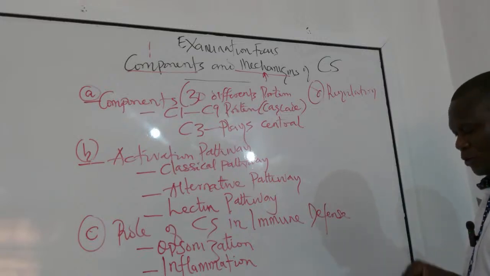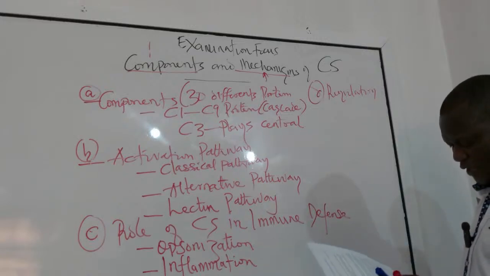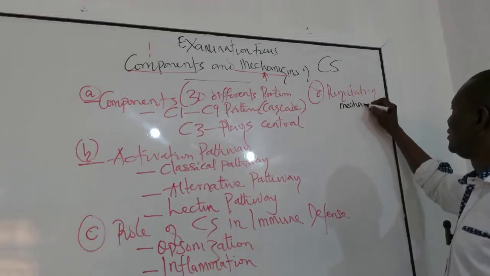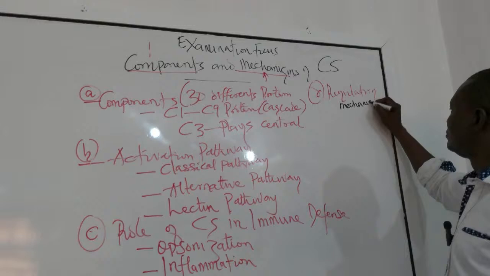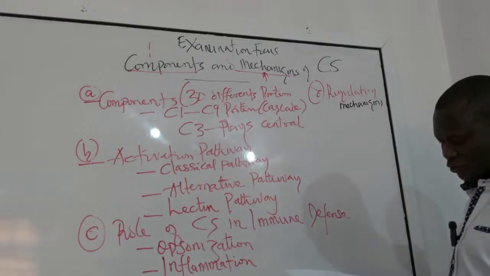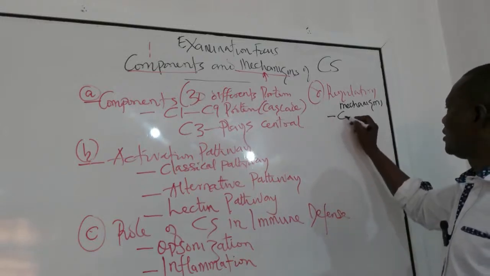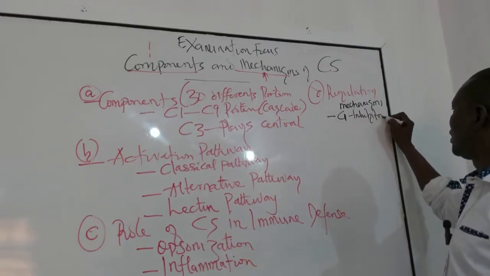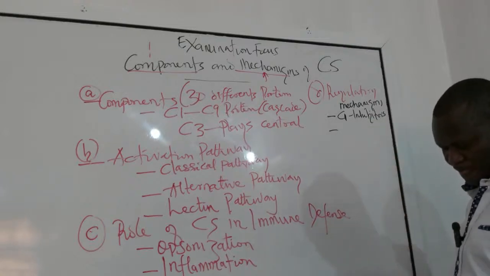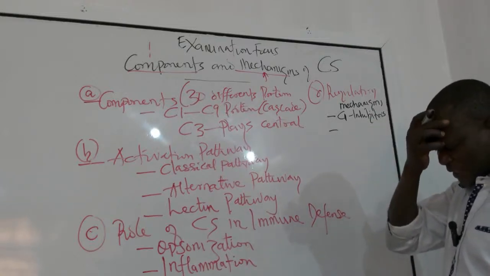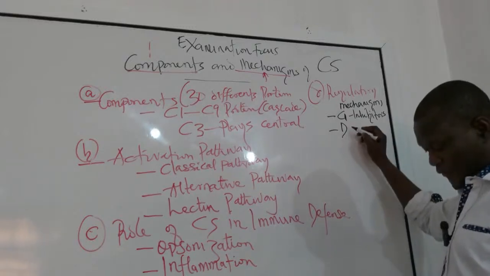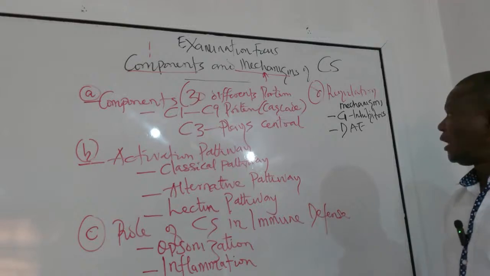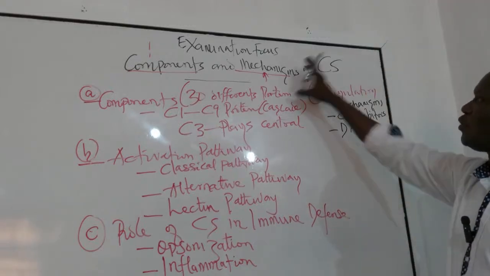So what are the regulatory pathway mechanisms? Okay, and this one has to do with C1 inhibitors. Then you have to look at what is called DAF, which is another way of regulating the complement system.